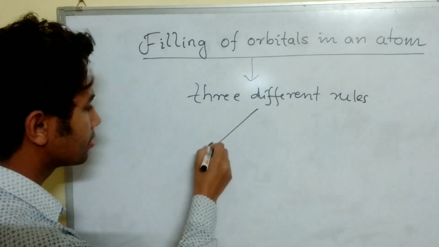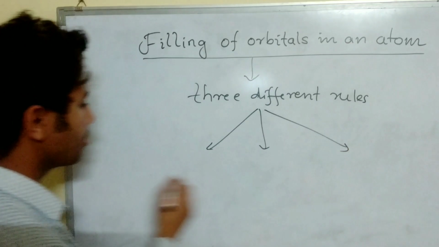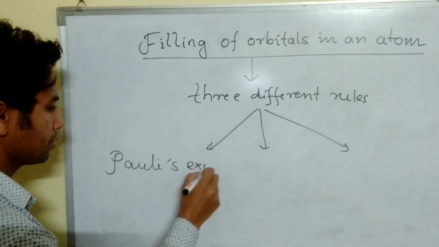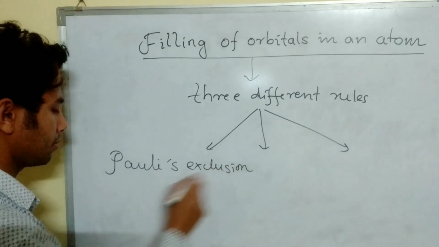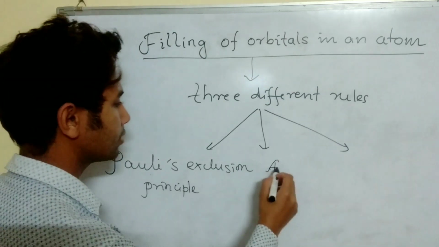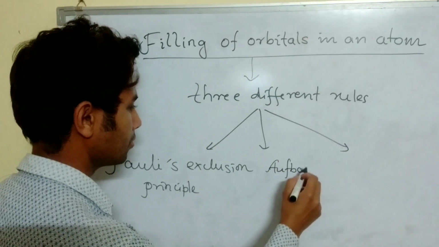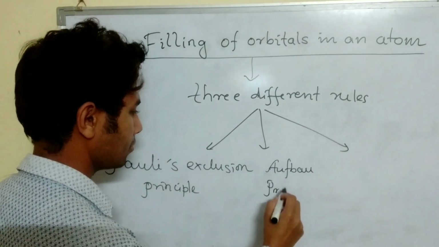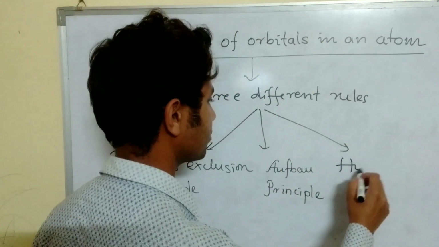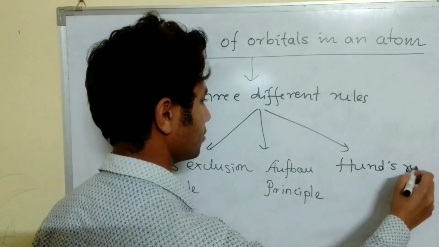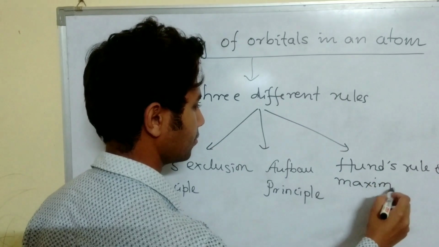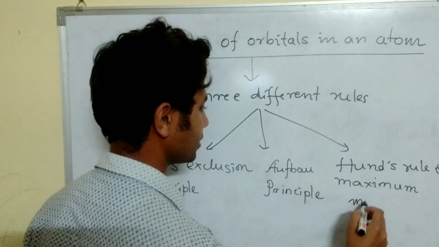And these are Pauli's exclusion principle, Aufbau principle, and Hund's rule of maximum multiplicity.